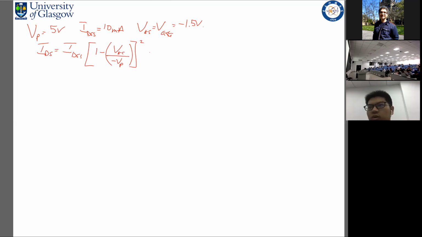If we do the substitutions, 10 milliamps times 1 minus 1.5 volts over 5, whole squared, this gives us again 4.9 milliamps.